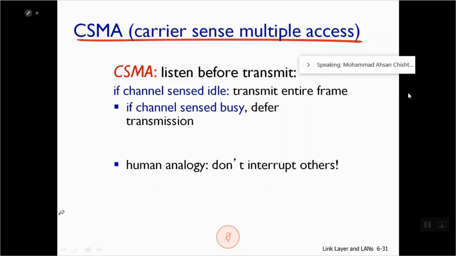Now in CSMA, or let's see first, in both slotted as well as pure aloha that we just now discussed, it was decentralized in the sense that a node decides to transmit, and it's independent of the activity of other nodes in the channel. They do not care about what others are doing, what others have to send.